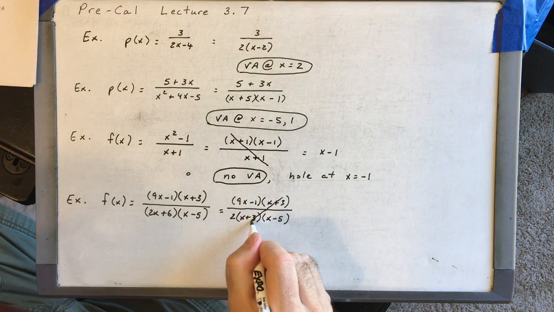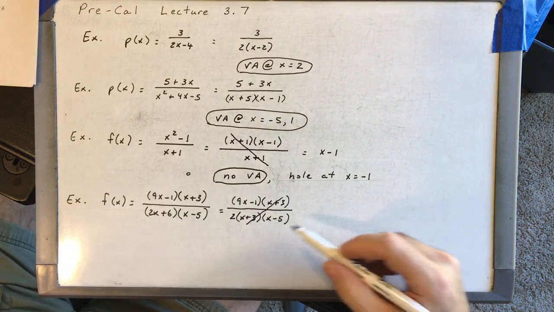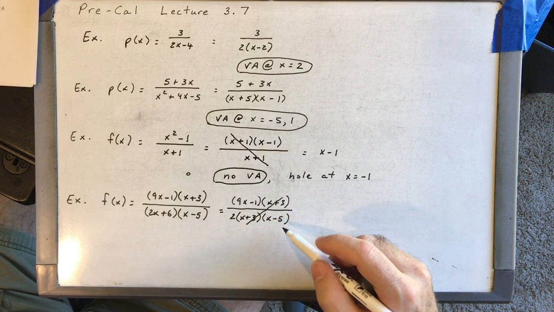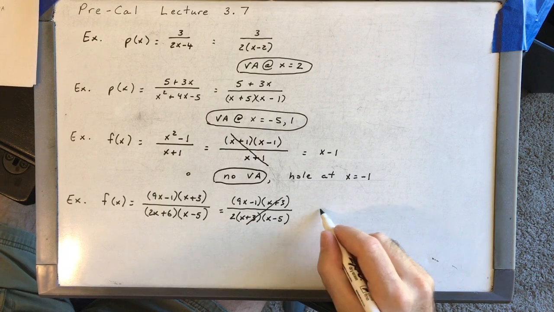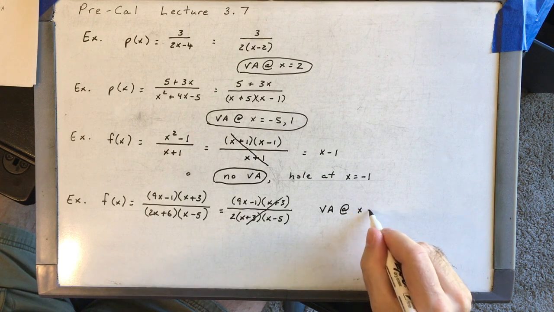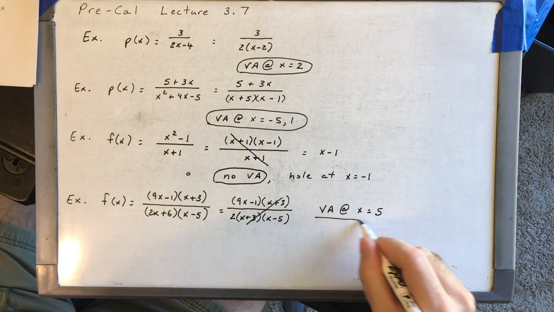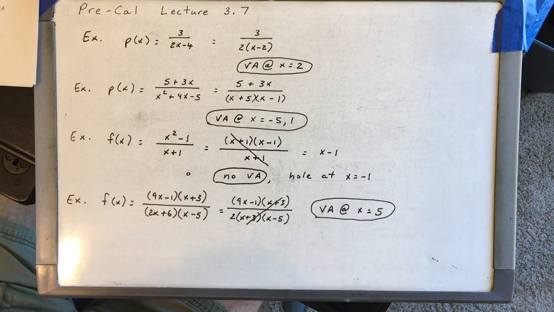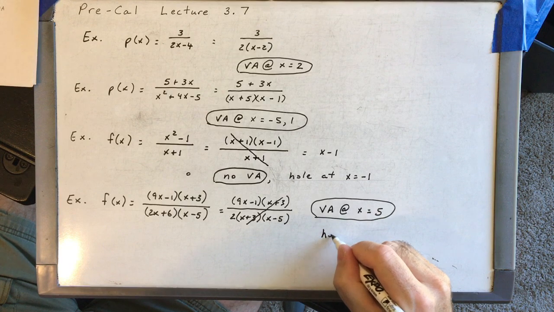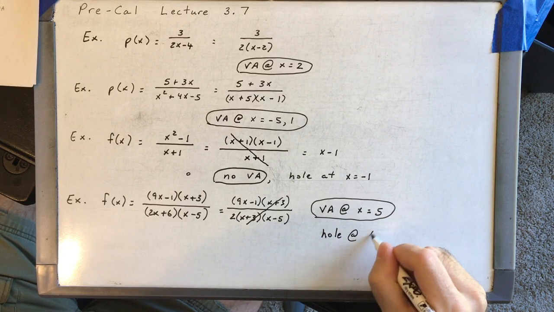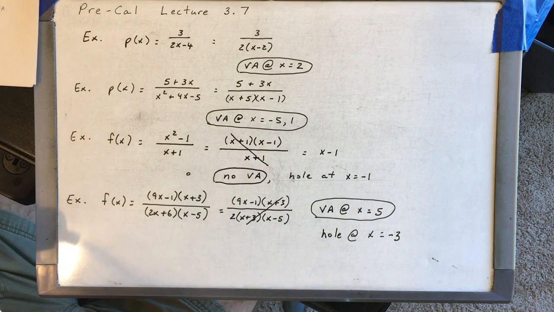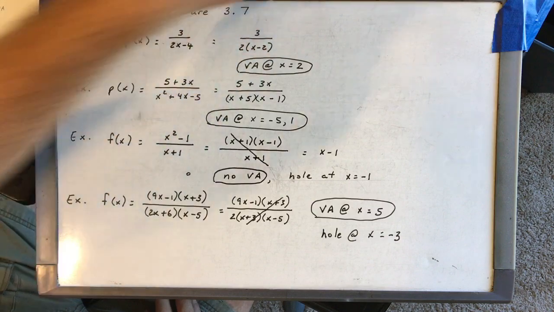So that x plus 3 cancels out. So we don't have a vertical asymptote at negative 3. The x minus 5 doesn't cancel. So our vertical asymptote occurs at x equals 5. We don't have an asymptote at negative 3 because it canceled out. What we have is a hole. Now the question didn't say to find where the holes are. I'm just explaining to you what we've got there.